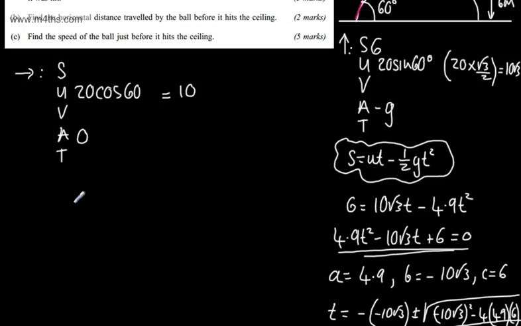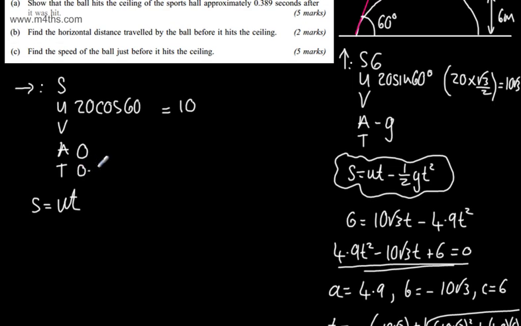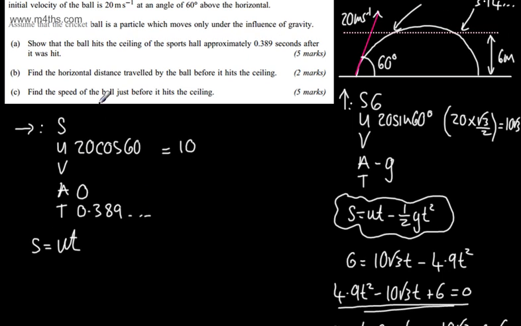We've seen, using the constant acceleration equations, for horizontal motion, S is equal to now U multiplied by T. So U multiplied by T, we can substitute in this value here for T, 0.389..., and that will give us now the horizontal distance, or the range of the ball.